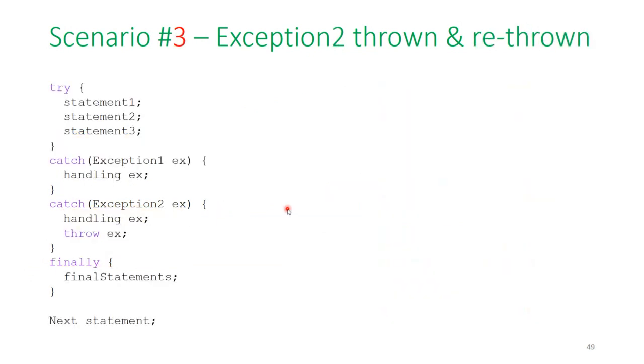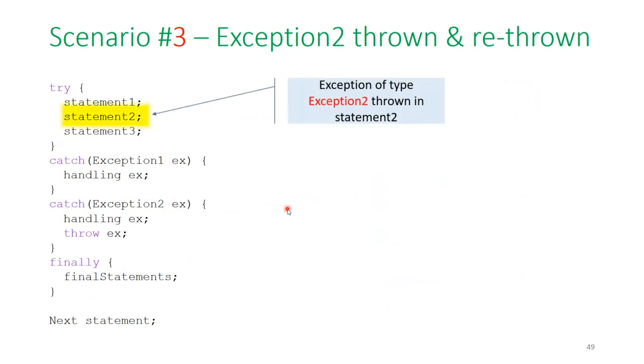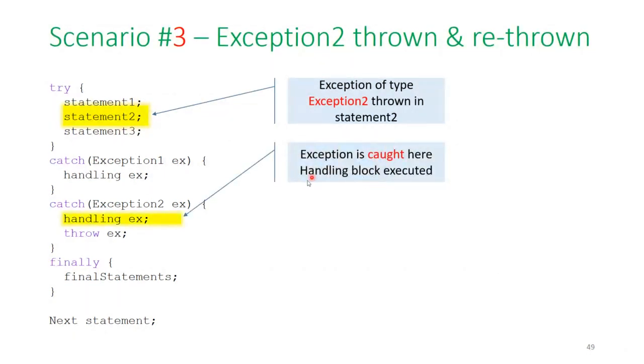Scenario number 3: exception 2 is thrown by one of the statements in the try block. Now this is interesting. I have several catch blocks here, one for exception 1, one for exception 2. So let's see what happens. The exception is going to be caught by the block that catches exception 2. No surprise there.